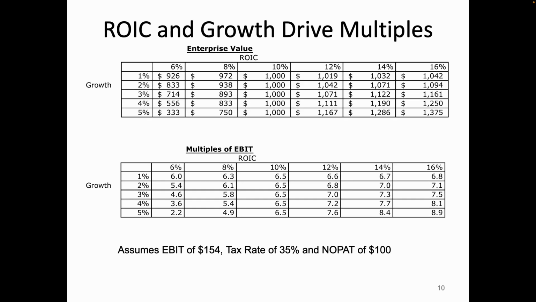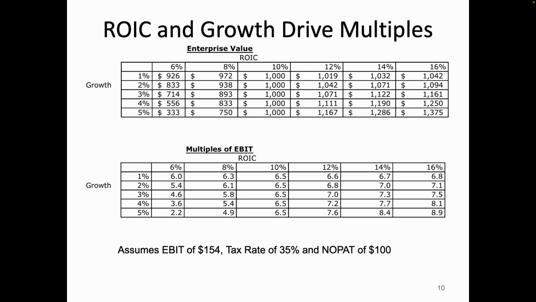So here's the idea. I take EV to EBIT as a multiple. How do I do it? Well, if I have 100 million in NOPLAT at a 35% tax rate, I have 154 million of EBIT. Take 100 divided by 0.65, I get 154. Okay?